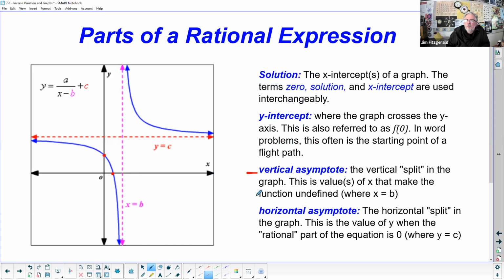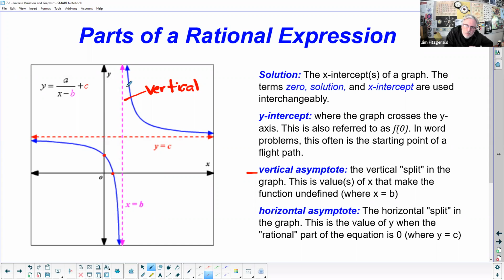One is called a vertical asymptote. The vertical asymptote is right here. This is that split in the graph. This is where we were trying to make the balls roll down. That number that they roll down to, that's the vertical asymptote.